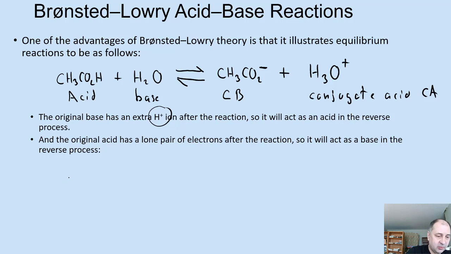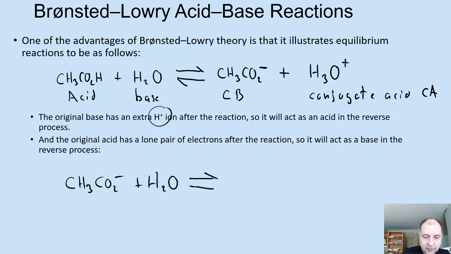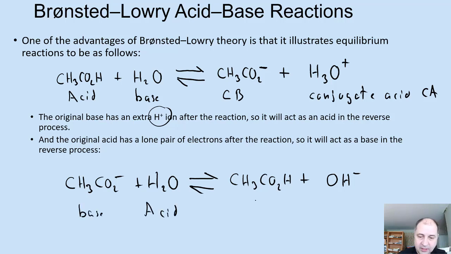And it, as the conjugate base, as an example, can react with water to form acetic acid and hydroxide ion. So here we have a base and an acid, and this becomes the conjugate acid, and this becomes the conjugate base, the hydroxide ion.